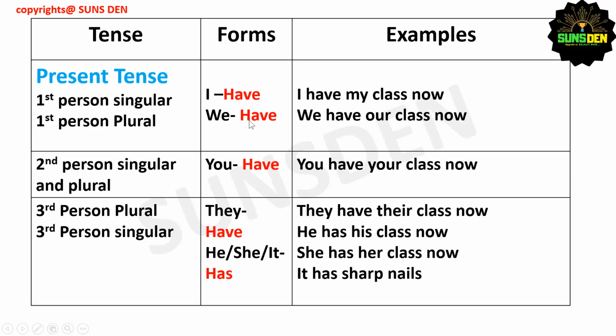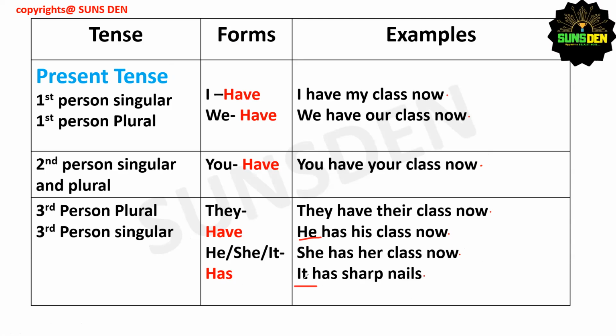Okay, let's see the example. I have my class now. We have our class now. You have your class now. They have their class now. Now, when it comes to third person singular, he has his class now. She has her class now.